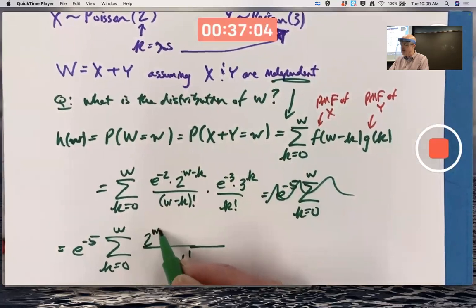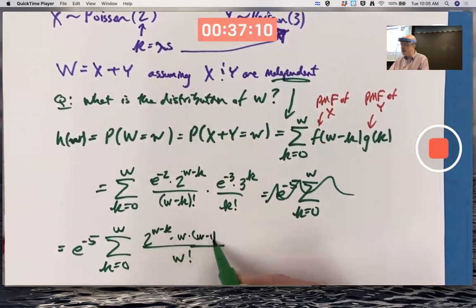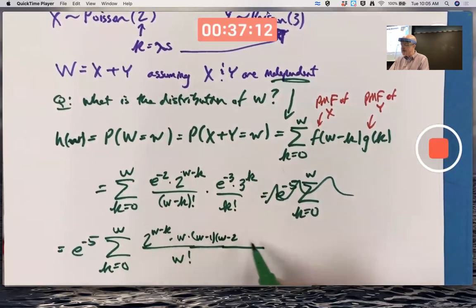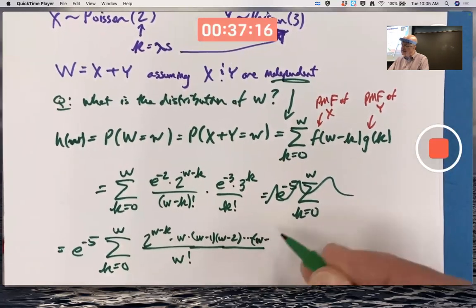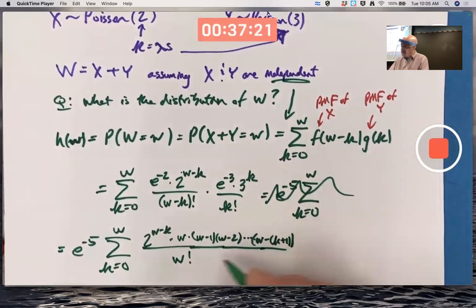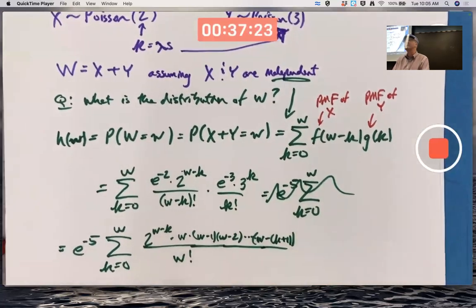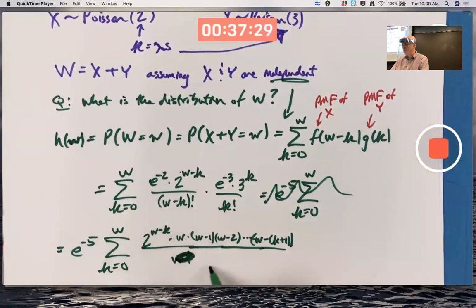The appropriate form of 1 would be W times W minus 1 times W minus 2 dot dot dot times W minus K plus 1 over that same product, which I've already included by writing W factorial. Let's move the W factorial over from there so it's more symmetric.